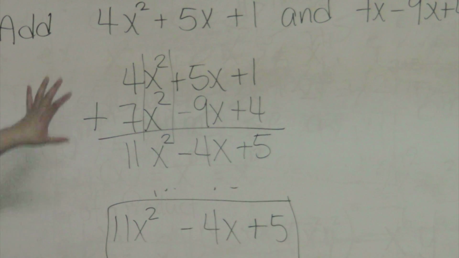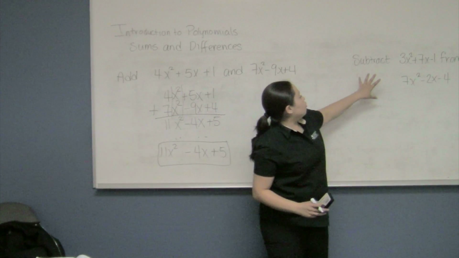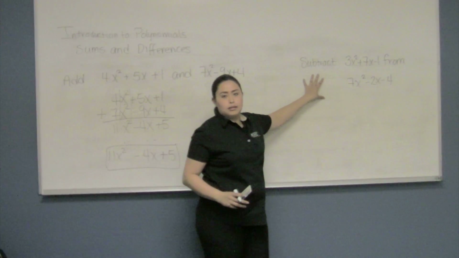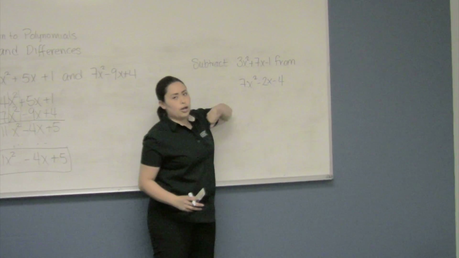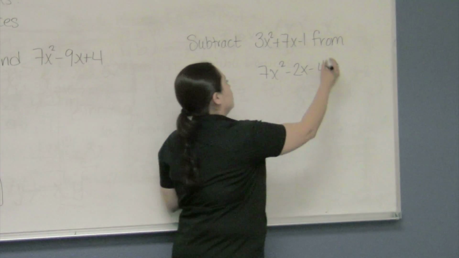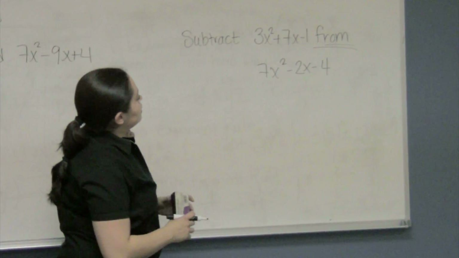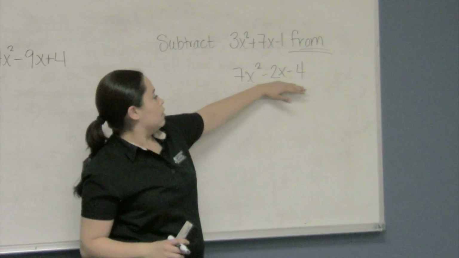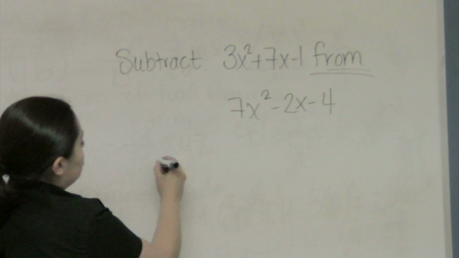Now let's move to differences of polynomials. You will find a problem like this on the test. It'll read, subtract this trinomial from this trinomial. Now this is a keyword, alright? This means that the first one is the 7x squared minus 2x minus 4.